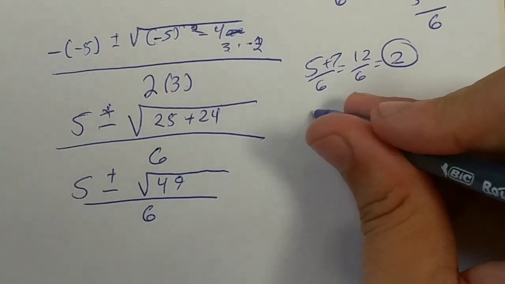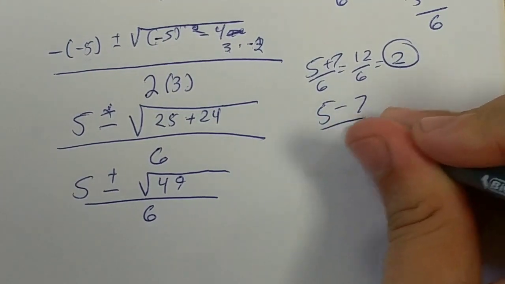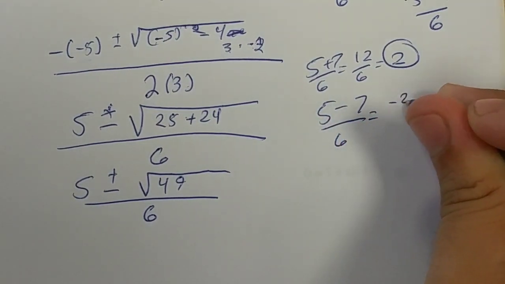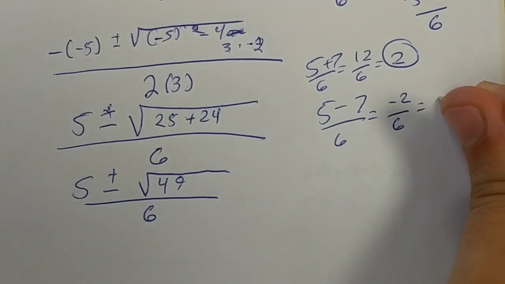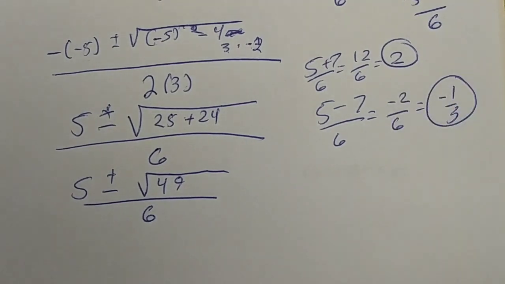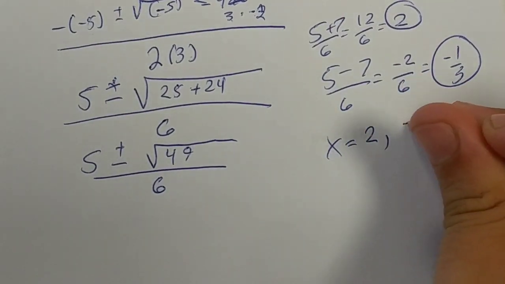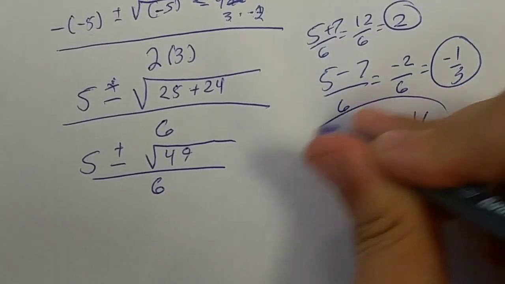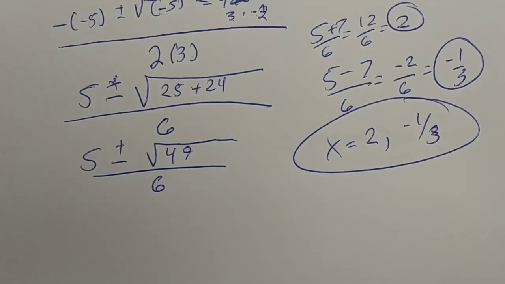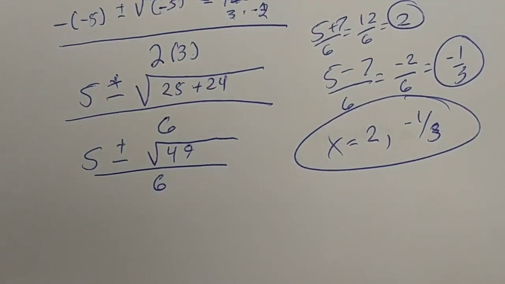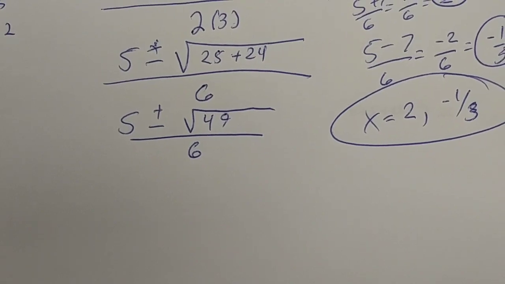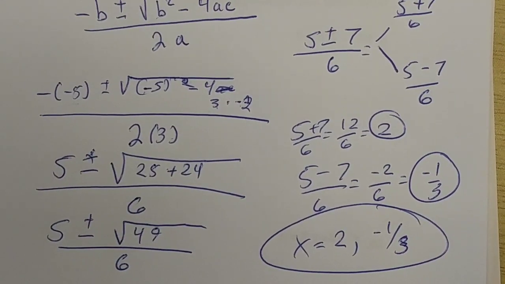Over here, 5 minus 7 over 6 equals negative 2 over 6, which is negative 1/3. So your answer is x equals 2, comma, negative 1/3. Comma or semicolon, maybe. I don't know what's the right symbol. So just take a second to look at that as I prepare to do it again.